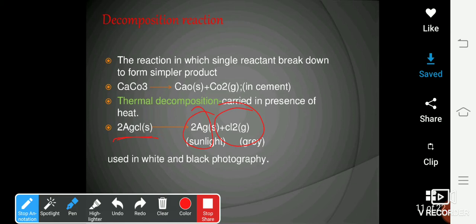Now, if you have observed your liquid medicines like your cough syrup or any other liquid medicine, mostly the medicines are kept in colored bottles. And on the medicine it is written, please keep away from direct sunlight because those medicines may contain certain compounds which undergo photochemical decomposition.